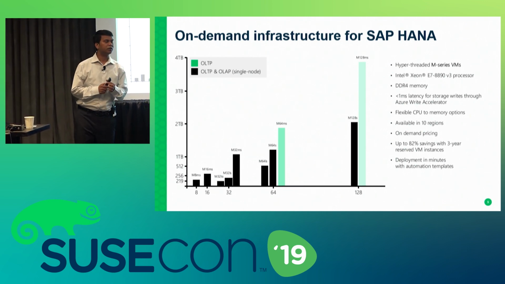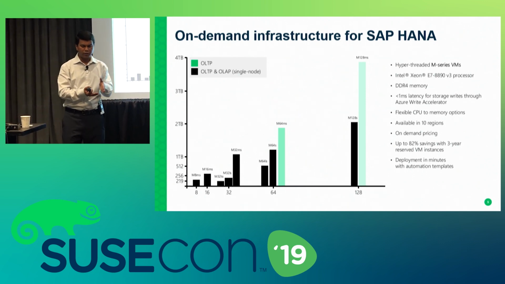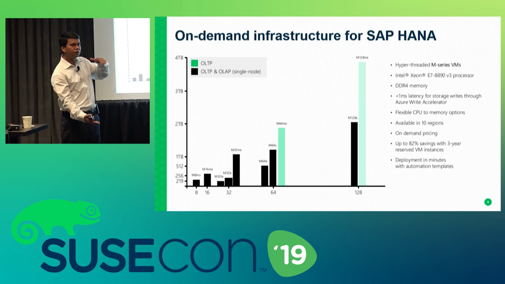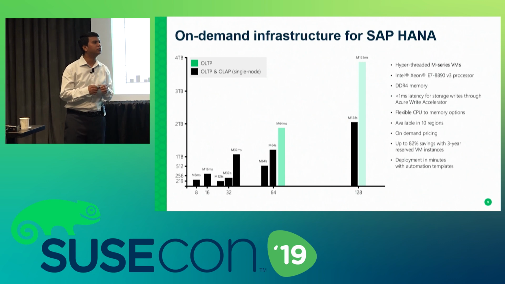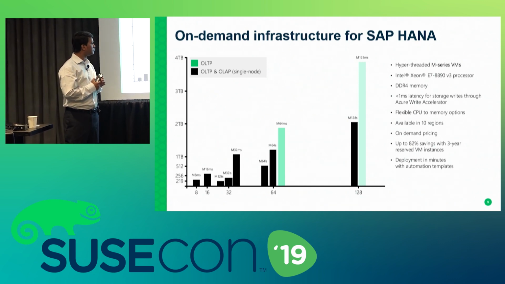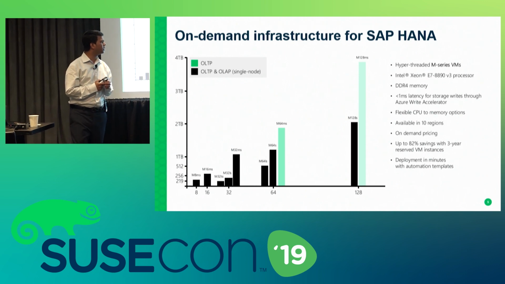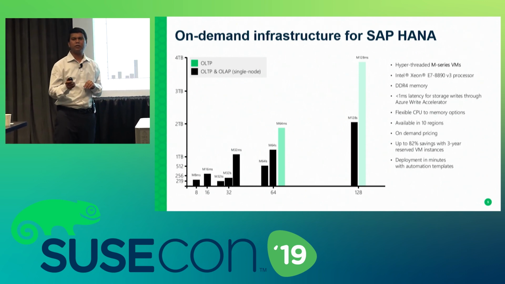The latency is very interesting here. As you know, since you are writing and reading lots of data, it's very important that your latency from your compute unit to your storage is reduced. So these are the units that could provide you less than a millisecond storage latency. And then it's available in more than 10 regions, and of course, like we discussed, you can do the deployment in minutes.